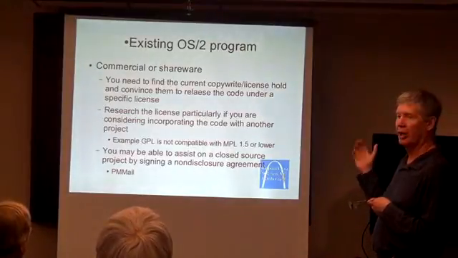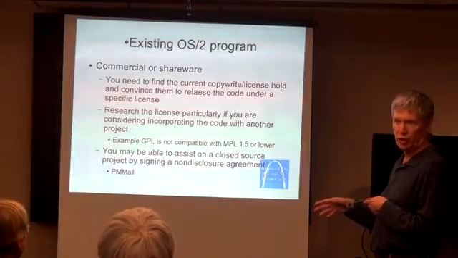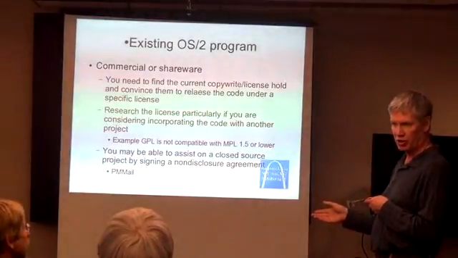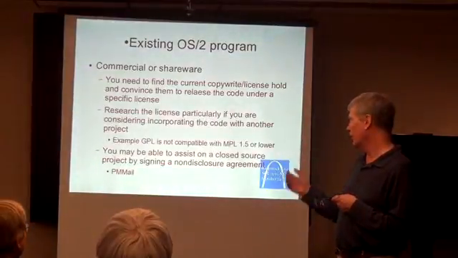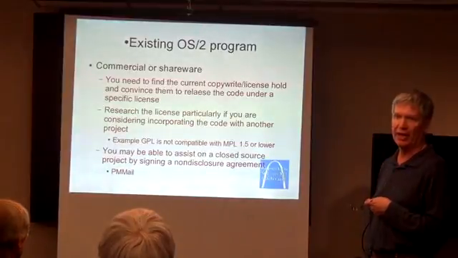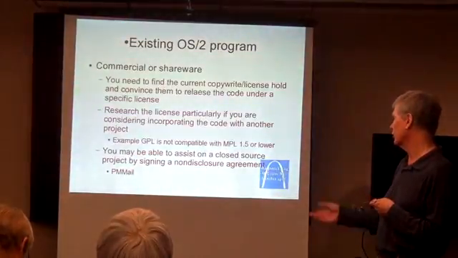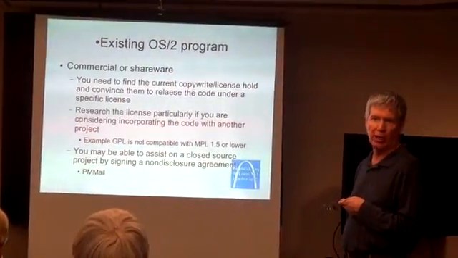If you're going to go out and find somebody who has a shareware program or commercial software where the development has just stopped and you want them to open source it, you want to be careful about how that gets done. You want to make sure that it gets licensed in a way that you can use it, particularly if you're planning on combining it with something.